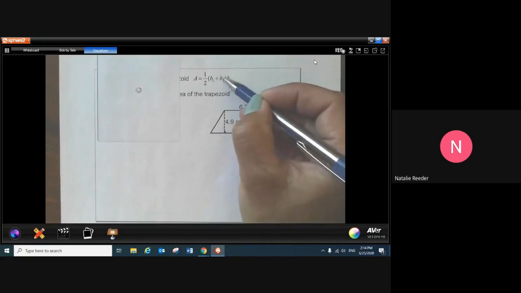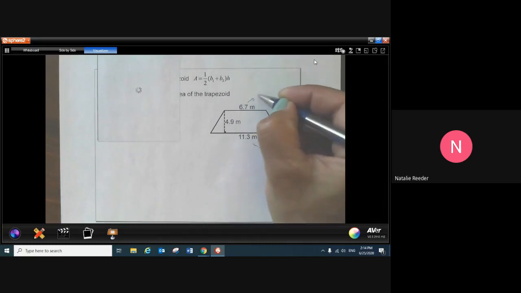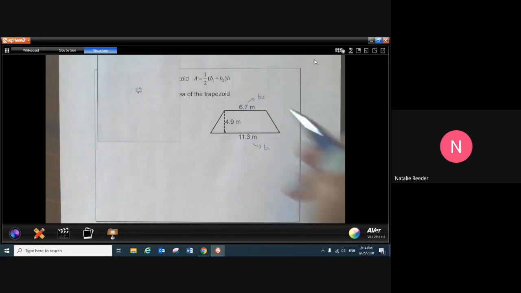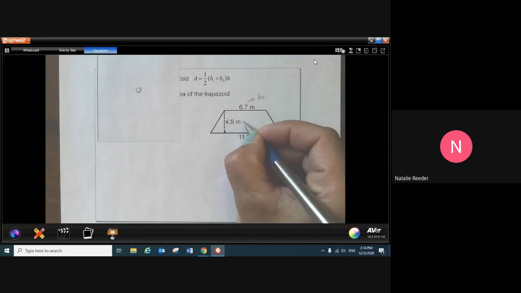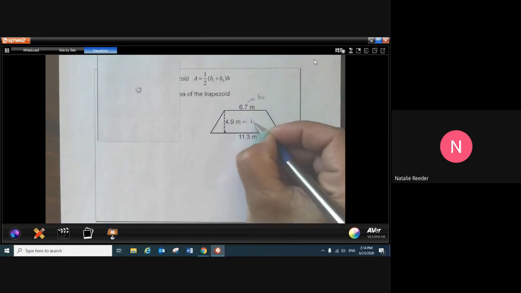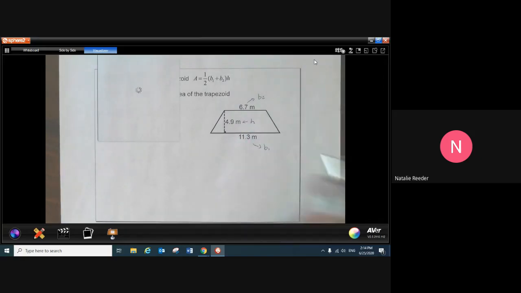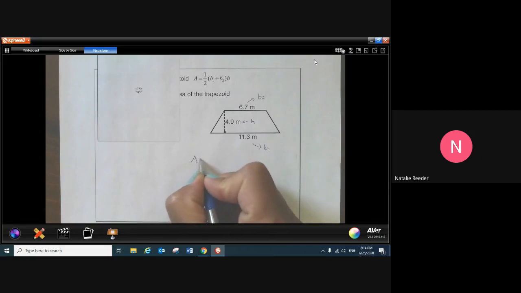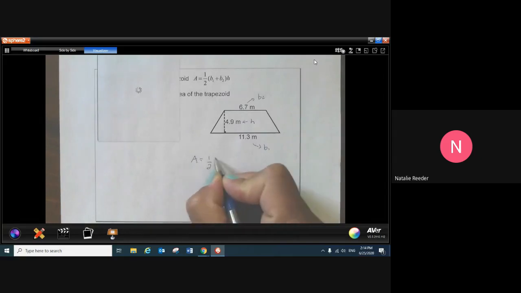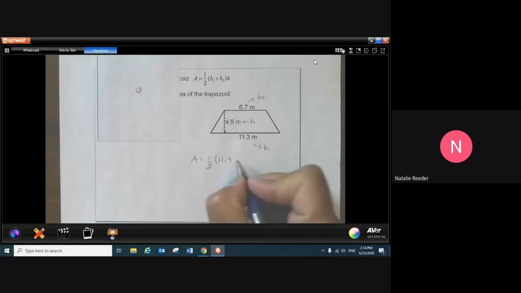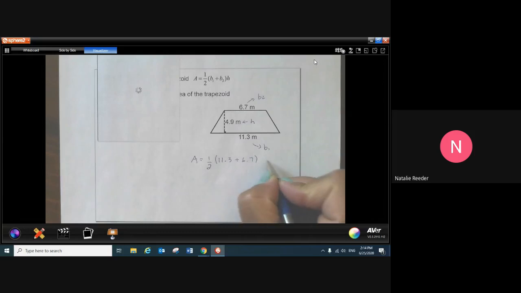Our height here is 4.9. Let's put that in the formula. So we have a half times 11.3, because that's base 1, plus 6.7, which is our base 2, times 4.9.